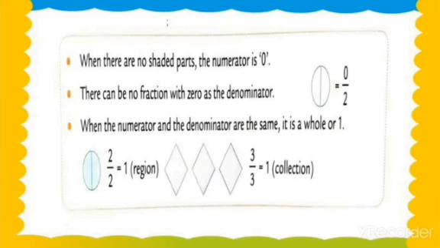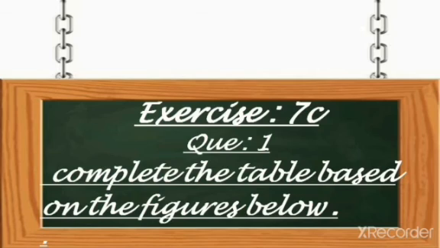So when the numerator and denominator are the same, it's a whole or 1. There can be no fraction with 0 as the denominator. When there are no shaded parts, the numerator is 0. Understood? Now we move on to the question.